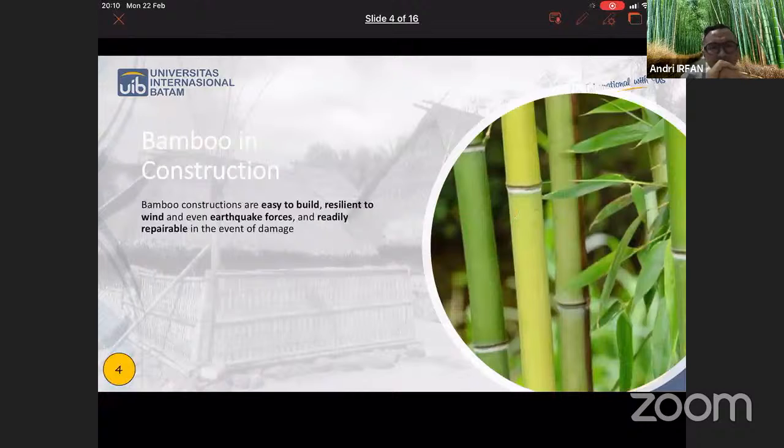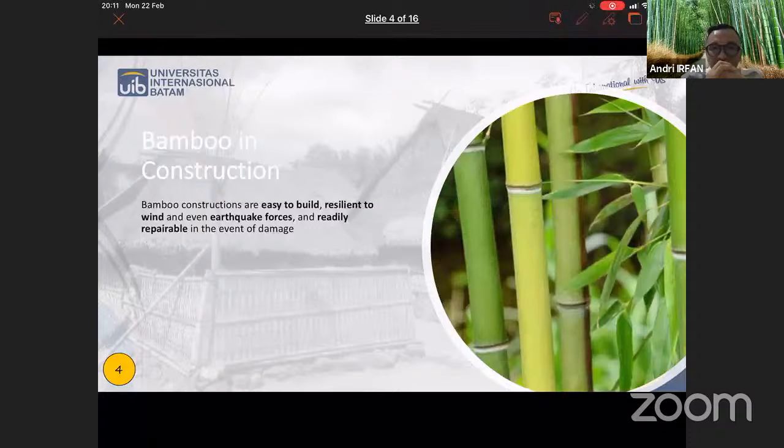As a construction material, bamboo has very strong fiber. The compressive strength of bamboo is two times higher than concrete, while the tensile strength is close to steel. It is amazing. Bamboo fiber has a higher shear stress than wood. Bamboo has a wider span than wood. If you want to build a wider span, bamboo is better than wood.